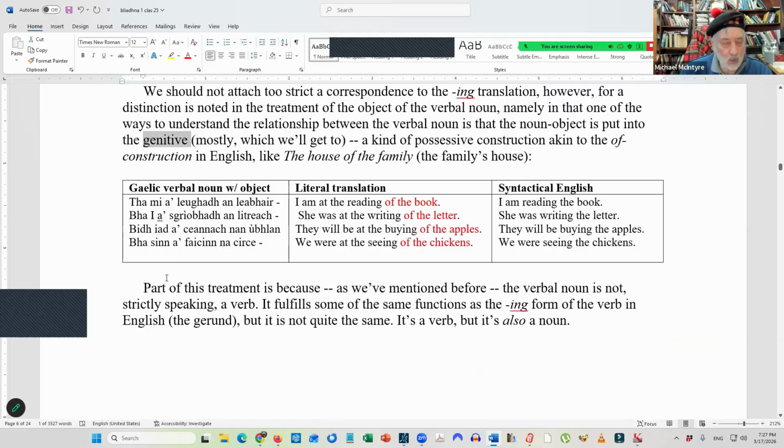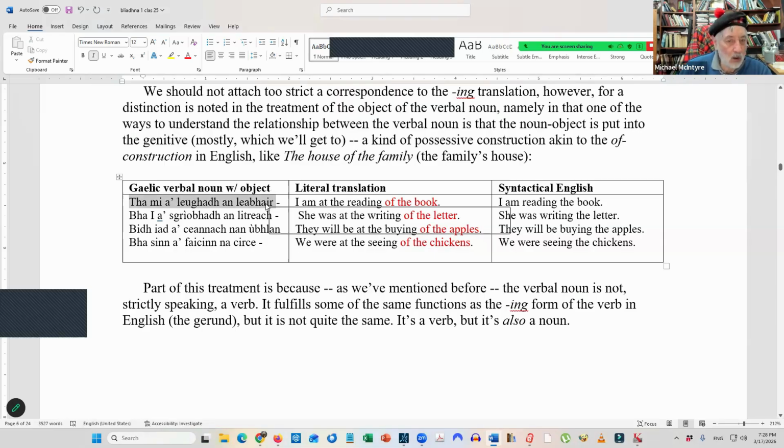We've worked a little bit with the genitive, and here it comes into play again. Only in this case it doesn't indicate possession like it does when we talked about it before, like the house of the family, that is the family's house. It does something else.